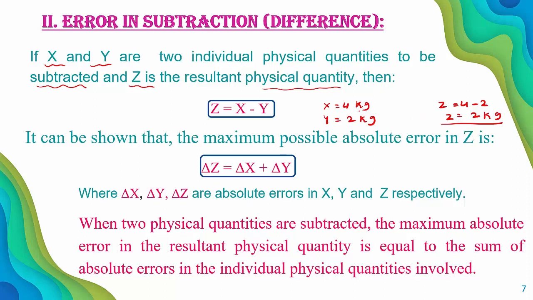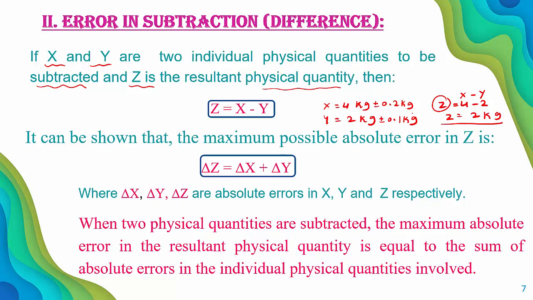The x value is given as 4 kg. Here the error may be plus or minus 0.2 kg. In the y quantity, the error is 0.1 kg. So x minus y gives the z value.